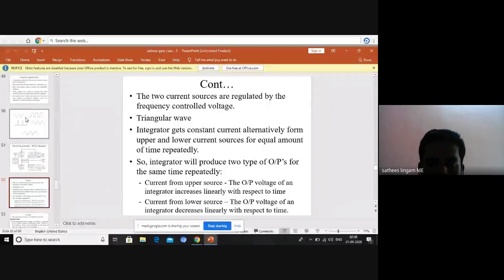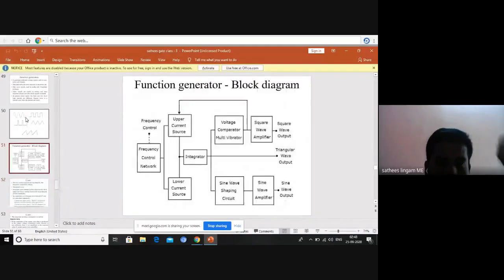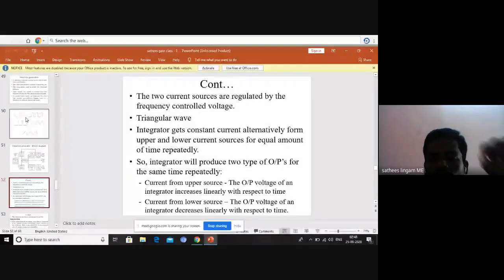from upper and lower current sources for equal amounts of time repeatedly.